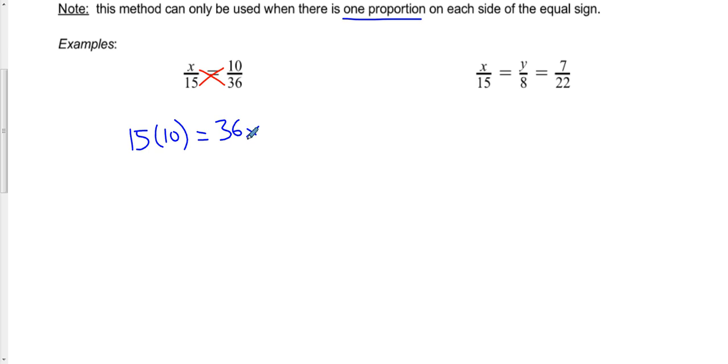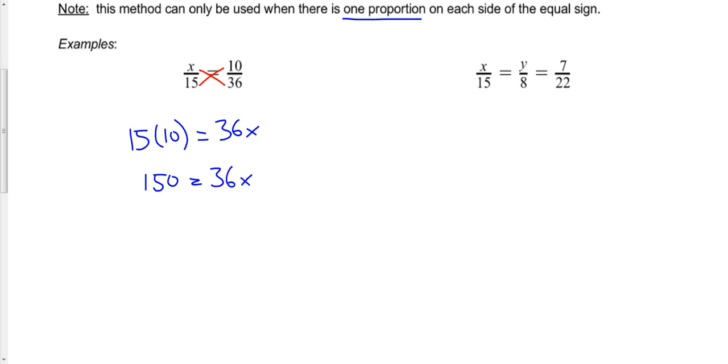Okay, and so now what we can do is simplify this a little more. We know what 15 times 10 is. It's going to be equal to 150, not 250. It will equal 150. So 150 is equal to 36x.